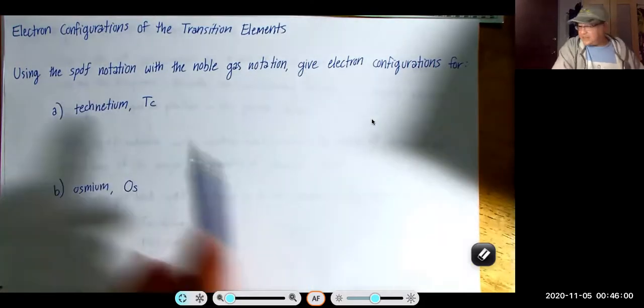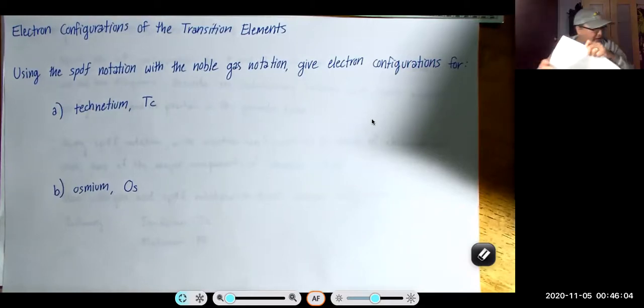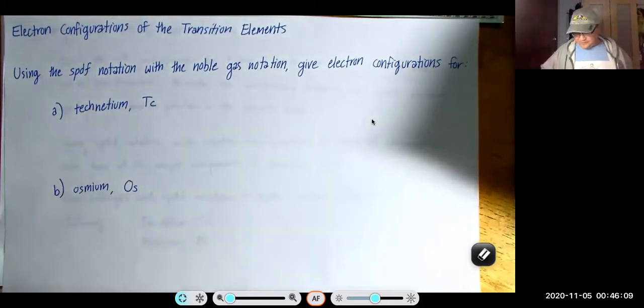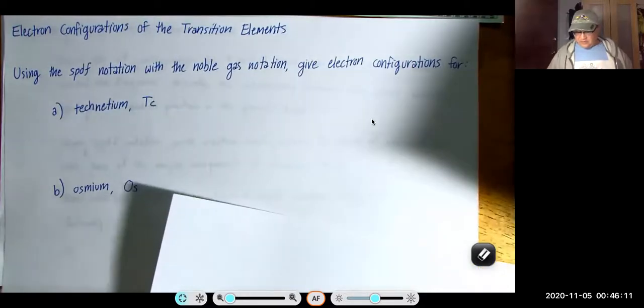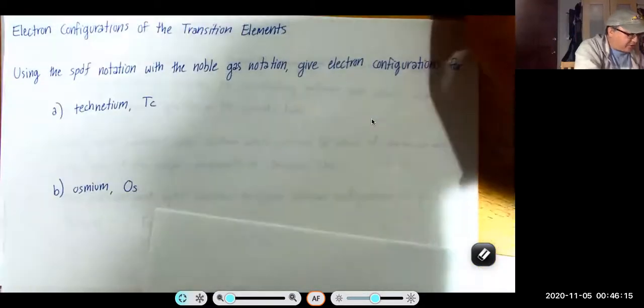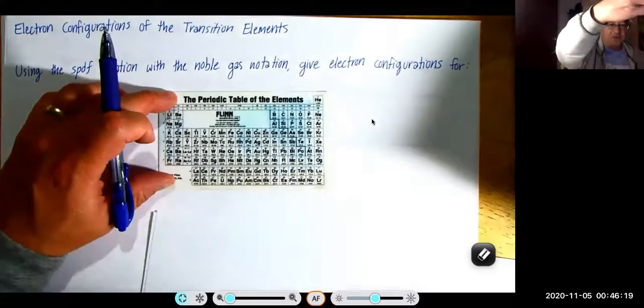So let me get a fresh piece of paper here. And we're looking for technetium, which is Tc. What I'm going to do here is show you my periodic table. So there it is. We're going to zoom in on it.